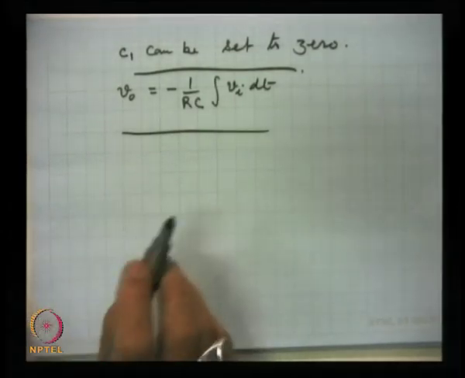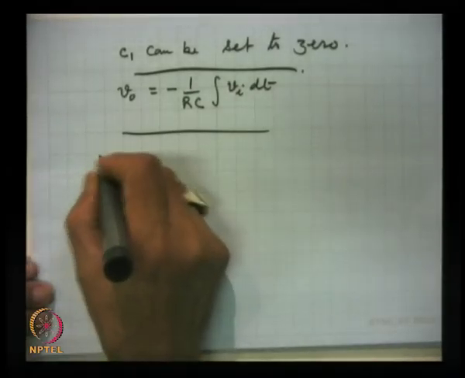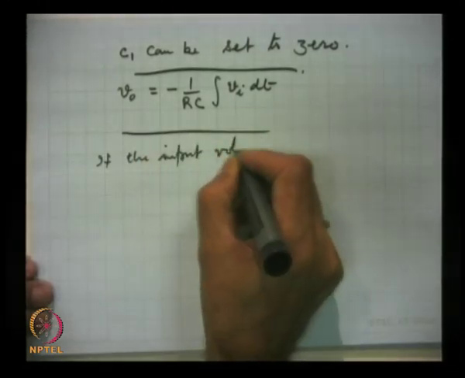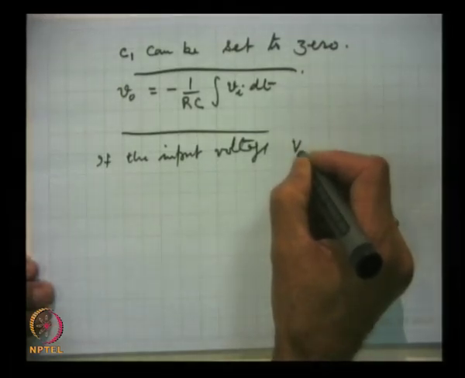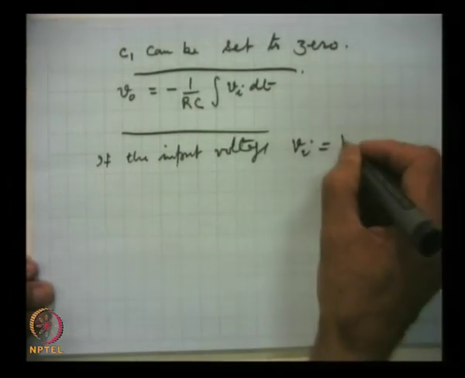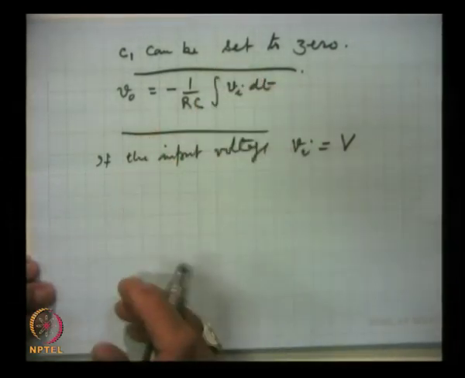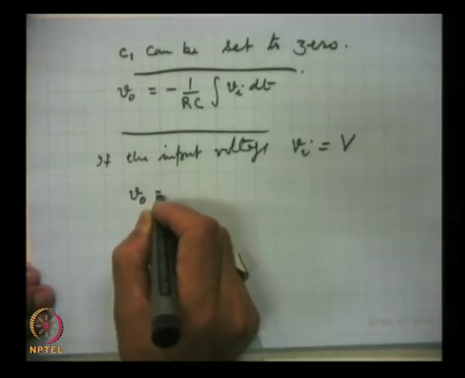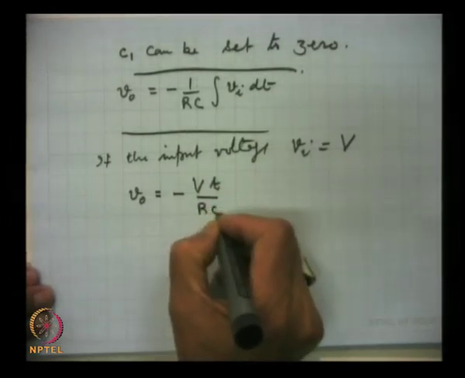Now, here if the input voltage is a constant, that is Vi is a constant, say let us write with capital V, then by substituting that in this equation we will get V0 will be Vt by RC.